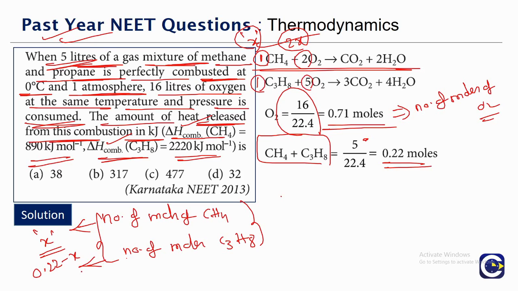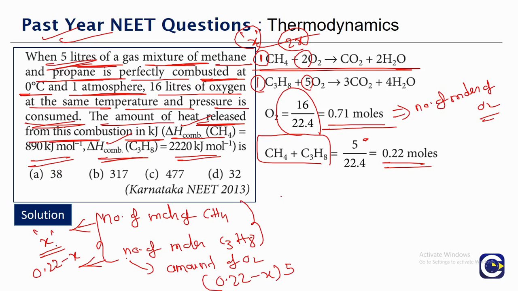If you have 0.22 minus x moles of propane, the corresponding amount of O2 required will be 0.22 minus x into 5.